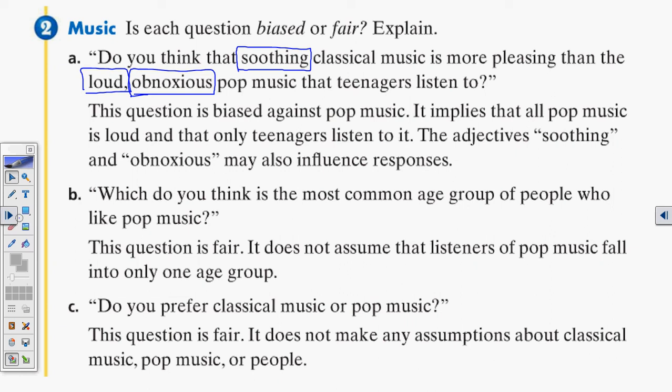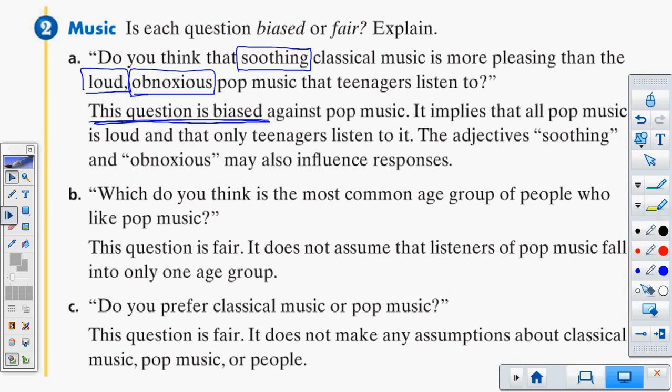So this question is biased against pop music. It implies that all pop music is loud and only teenagers listen to it. The adjectives soothing and obnoxious may also influence responses. If you're trying to take an unbiased survey, you wouldn't say those things because right off the bat you would know that that person did not like pop music.